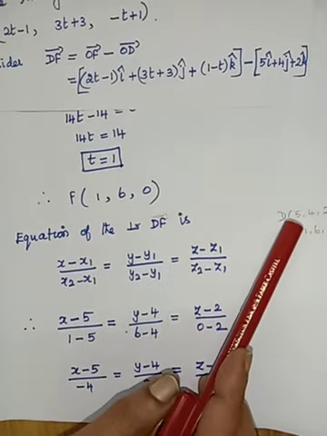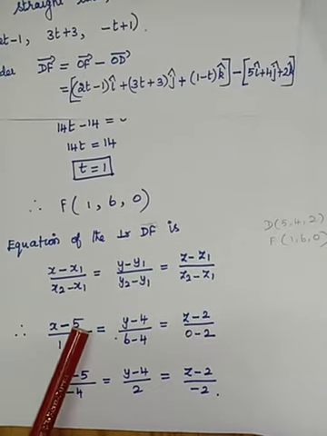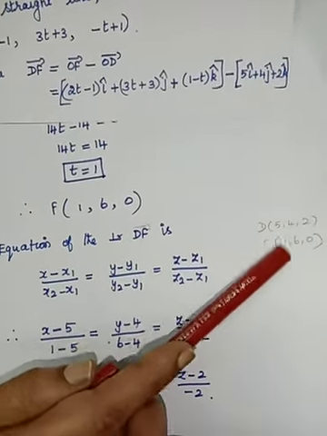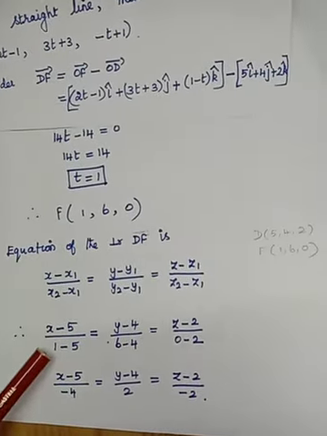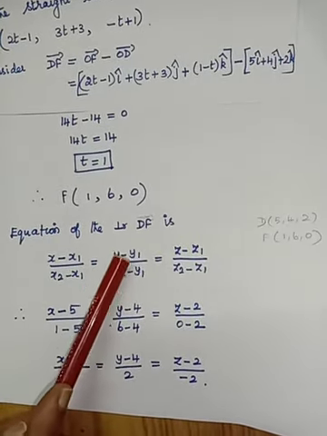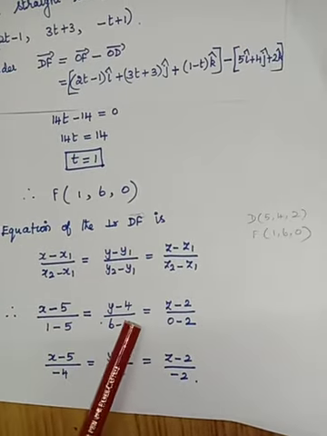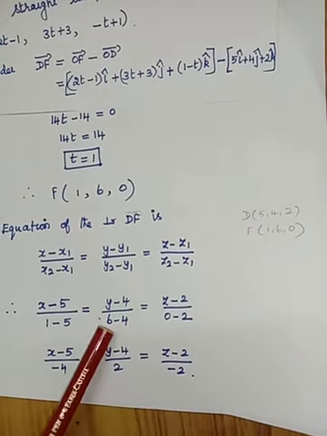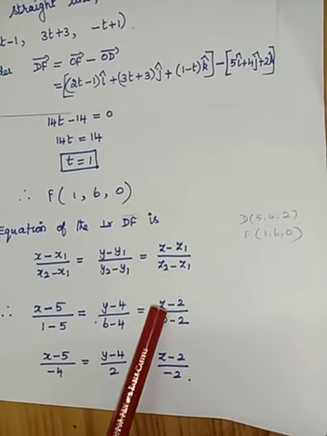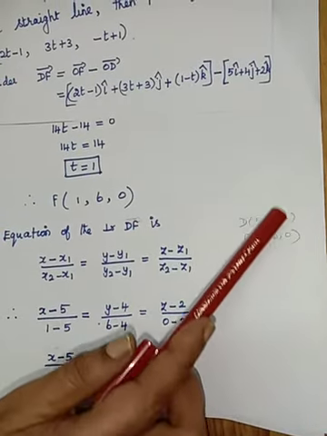Take D as (x1, y1, z1). So it is x minus 5, and x2 minus x1 is 1 minus 5. This is equal to y minus y1, which is 4, so y minus 4 divided by y2 minus y1, 6 minus 4, which is equal to z minus z1, which is 2, divided by 0 minus 2.